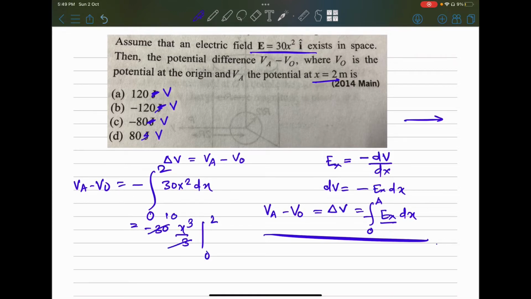This 30 will become 10 because of the 3 in the denominator. So finally minus 10 times (2³ minus 0), and 2³ is 8, so minus 80 volt is our answer, which is option C.